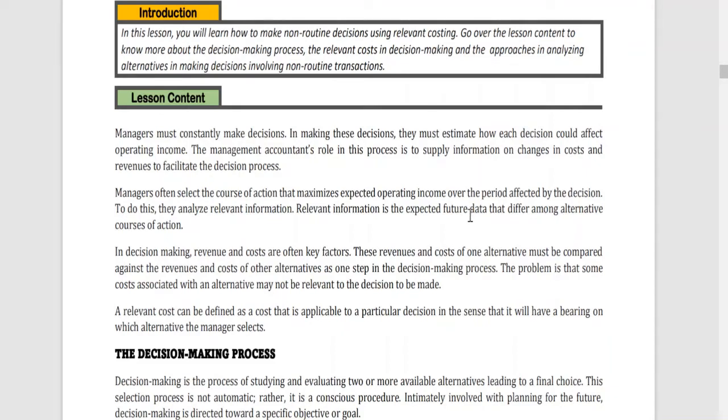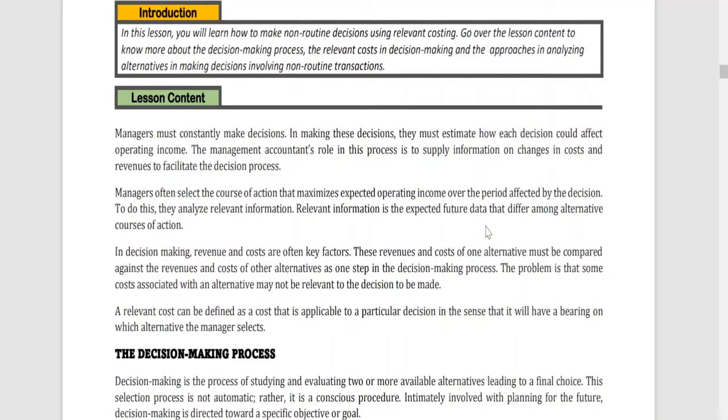But in order to make the decision, the manager has to analyze relevant information. And how do they identify relevant information? Or how do they know that that is relevant information? So the relevant information here will be the expected future data that will differ among alternative courses of action. Therefore, it can be considered as relevant information if it varies between alternatives.